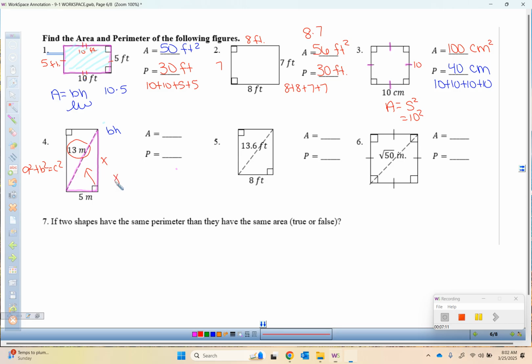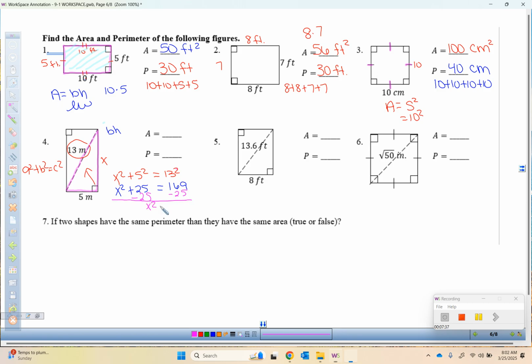So I would have x squared plus 5 squared equals 13 squared. And that's going to help me find that side. So I have x squared plus 25 equals, and do we remember what 13 squared was? Very good. And solving for x, I need to take 25 from both sides.